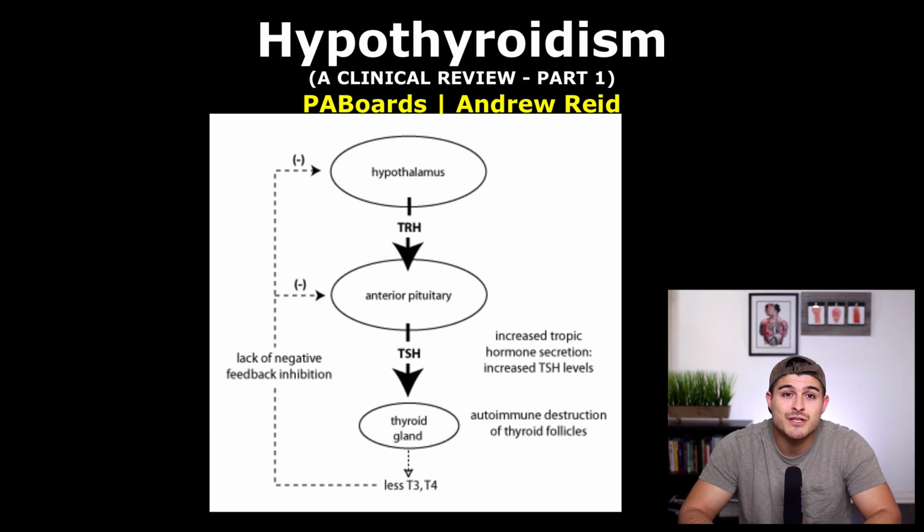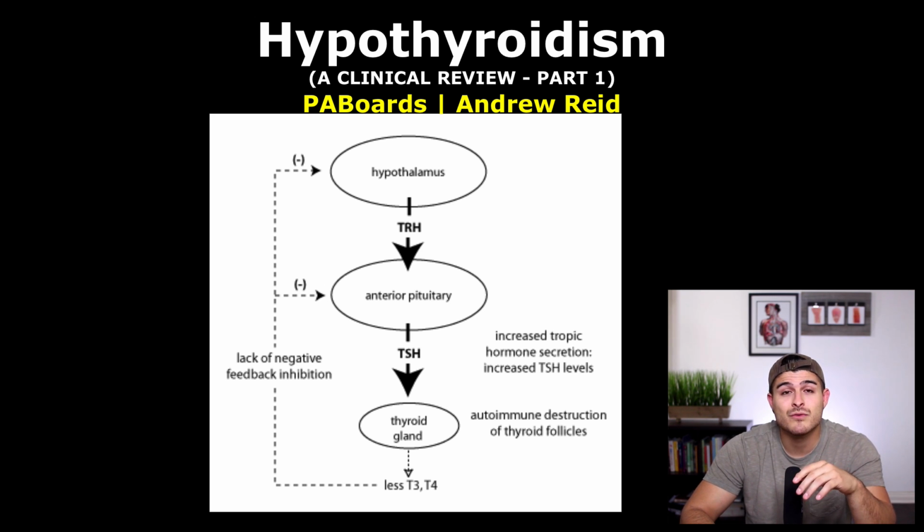This is going to result in destruction of the thyroid gland. Now, most patients are going to have anti-thyroid peroxidase antibodies. So in essence, the body attacks itself. The body attacks the thyroid gland. It feels like it shouldn't be there. And we have destruction of the thyroid gland. If we have destruction of the thyroid gland, then it can't produce T4 and it can't produce T3.